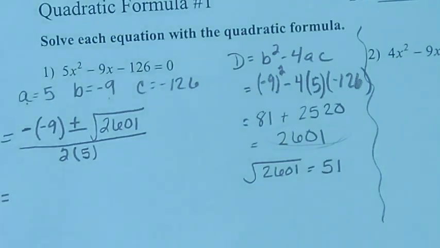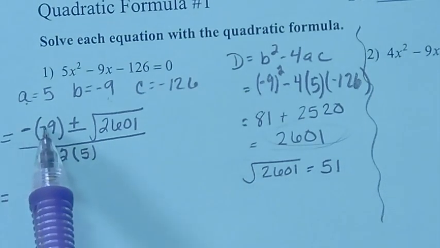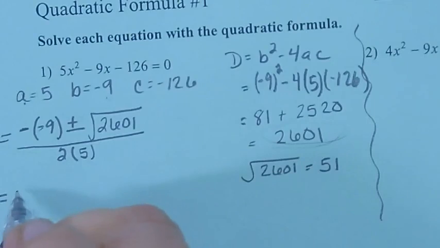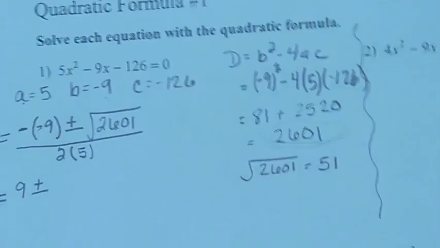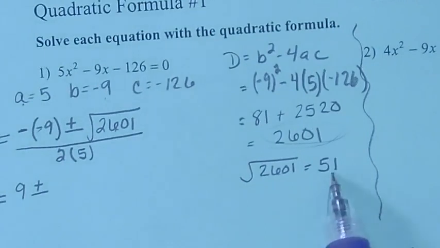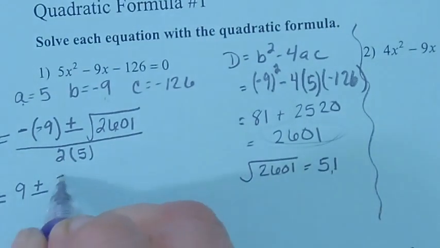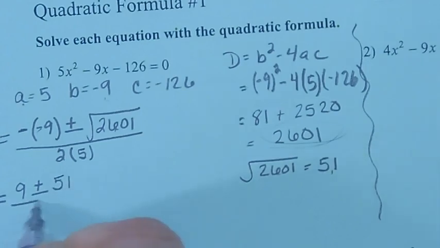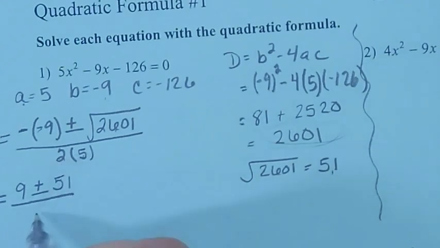So let's clean this up some, and then we'll be at the point where we can split it. So the opposite of negative 9 is positive 9. The square root of 2,601 is 51. And then 2 times 5 is 10.